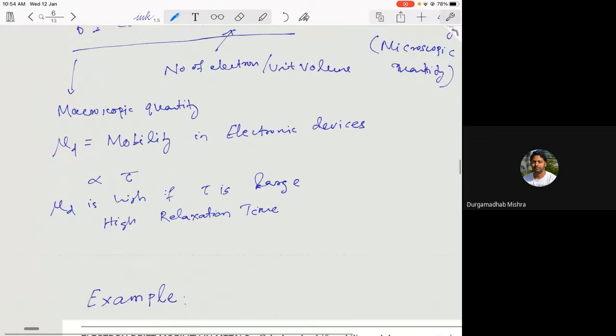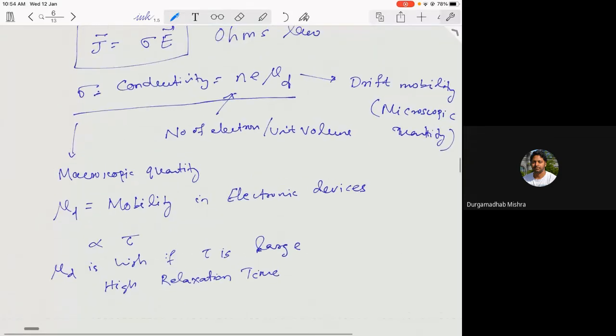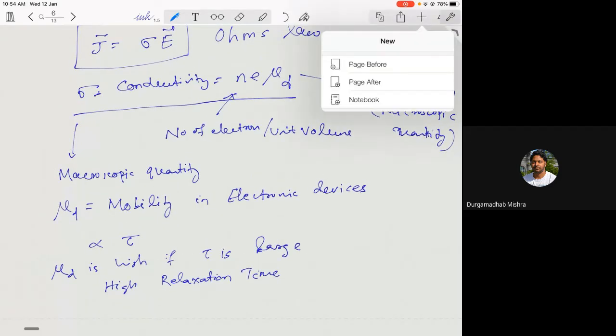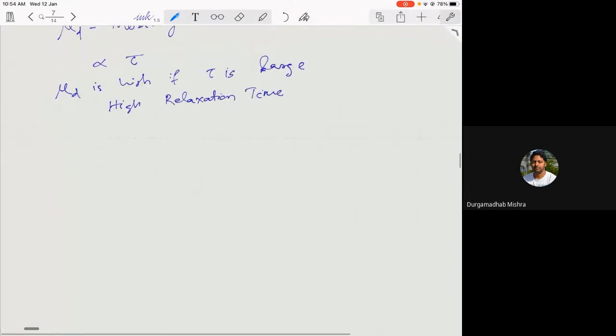So why do you want a high mu D or high mobility? If mobility is high, your device will run faster, because your communication happens due to this charge carrier movement, and since mu D is high, the device will run faster.